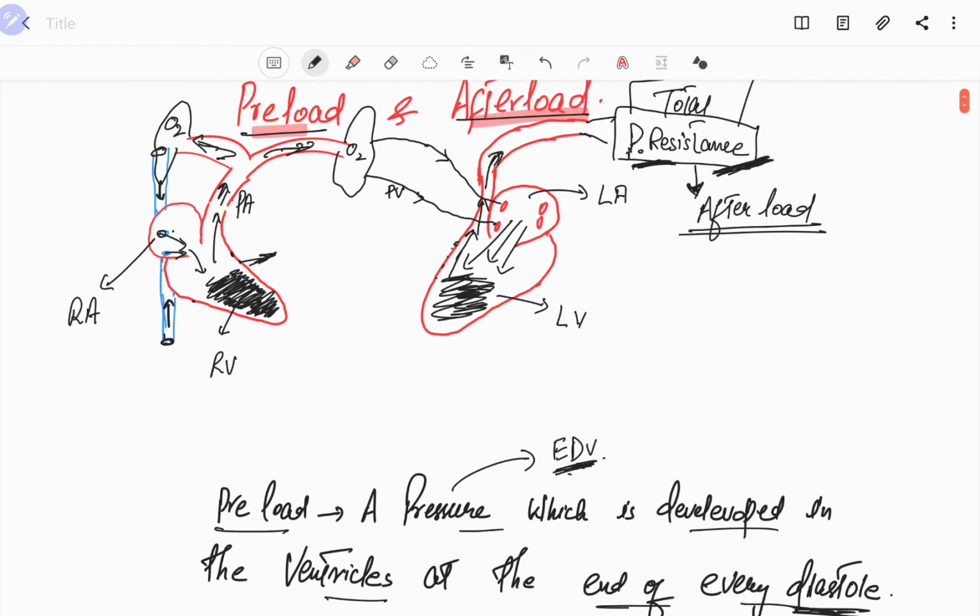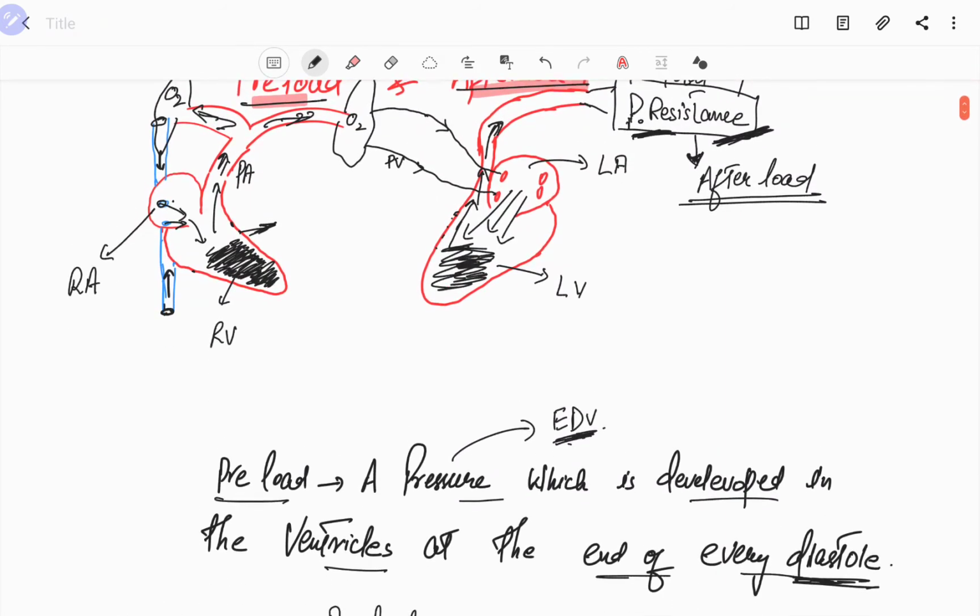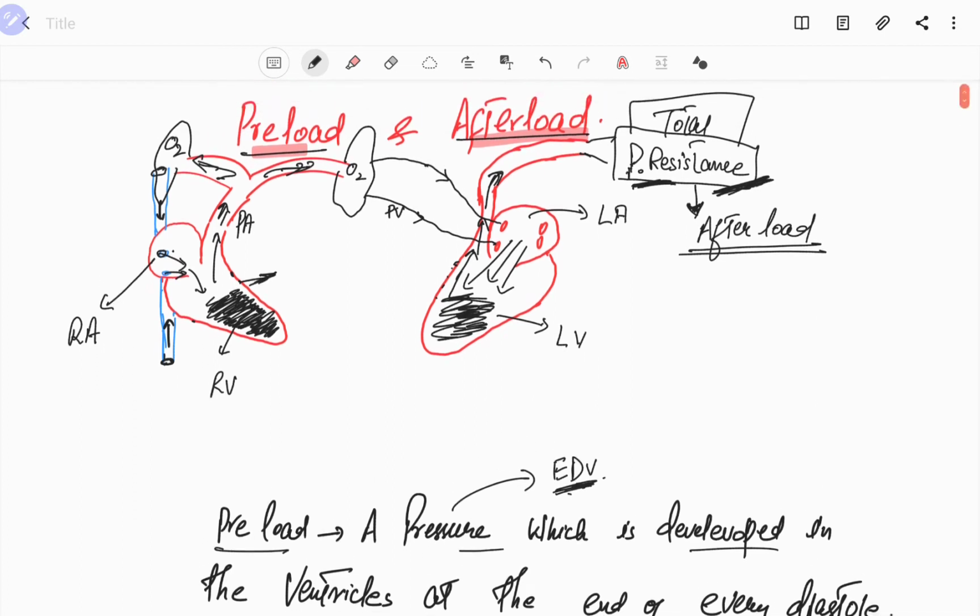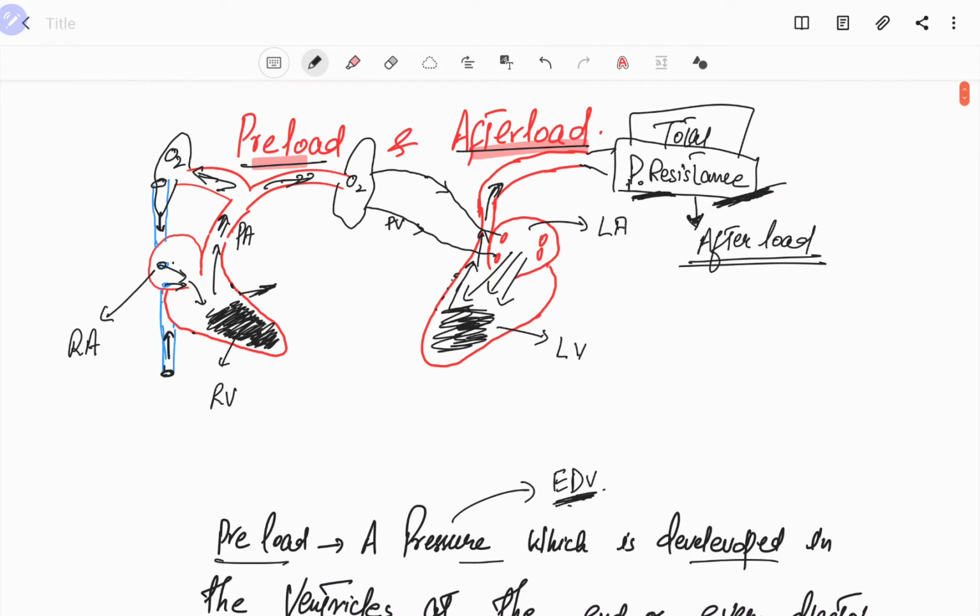So the blood will go to our organs like brain, kidneys, GI system, all that. So here this total peripheral resistance has told us about the afterload.